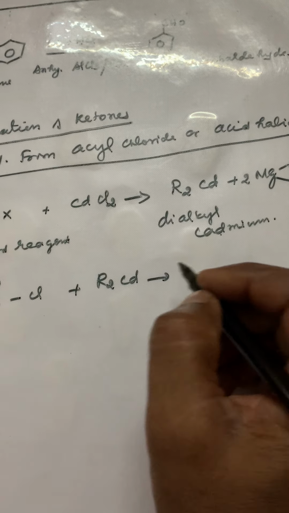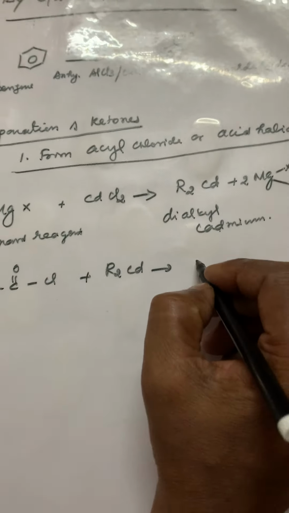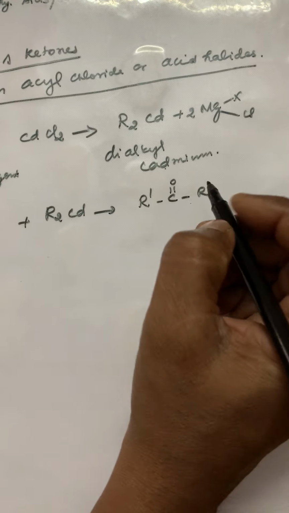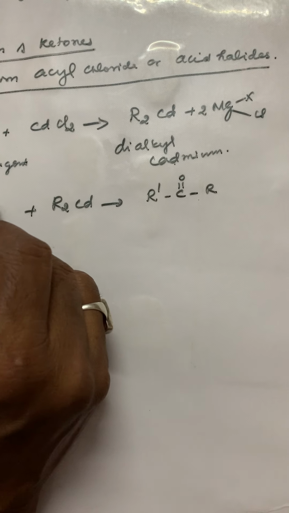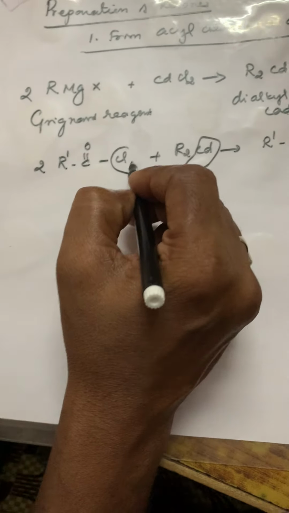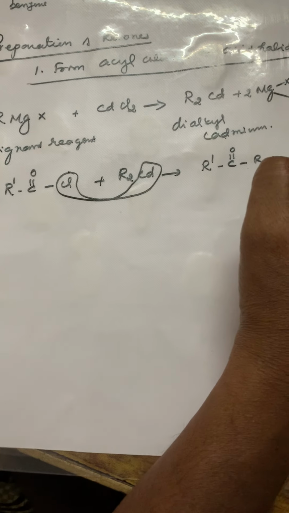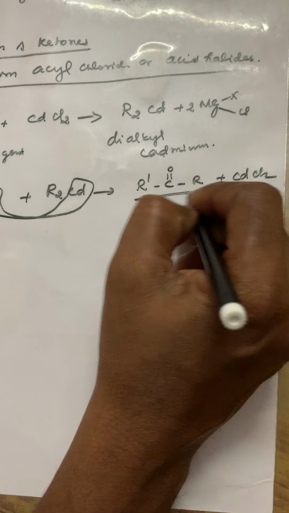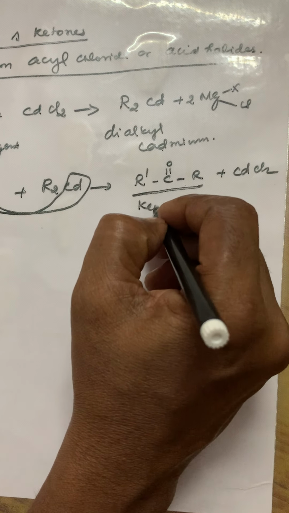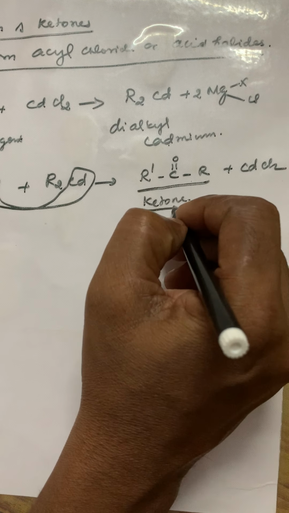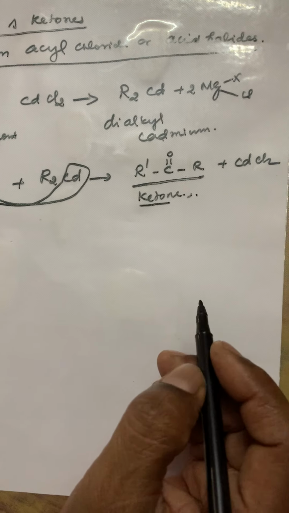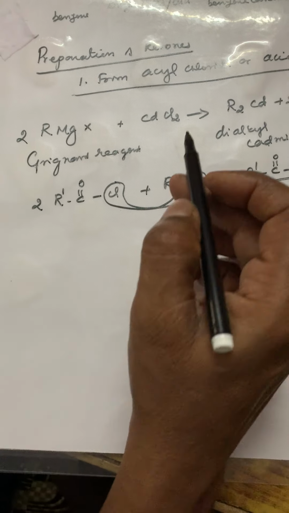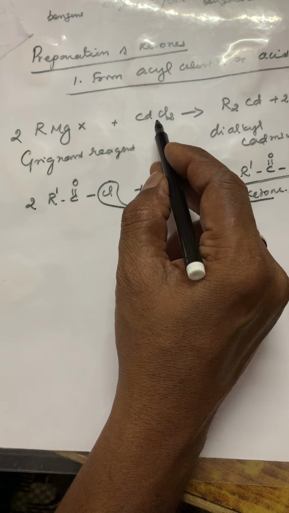Here we get R'COR. The cadmium plus chlorine goes as cadmium chloride. Ketones will be obtained. This is a preparation of ketones from cadmium chloride.